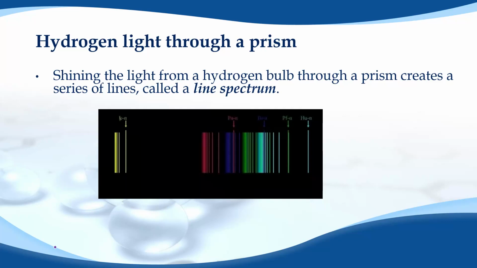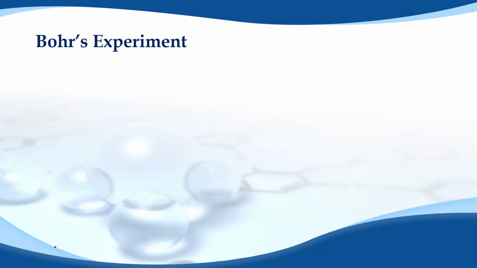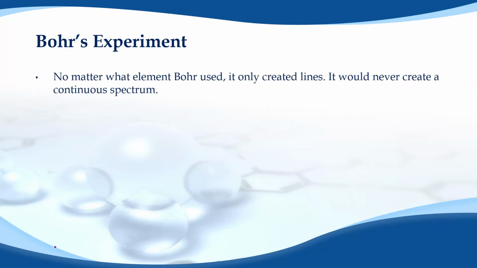So for hydrogen, what I have up here on the slide is the line spectrum for hydrogen. These are all of the lines that you see, all the different colors that happen when you shine light created from hydrogen gas through a prism. Now, the interesting thing is that this pattern happened no matter which element Bohr used to create his lamp.